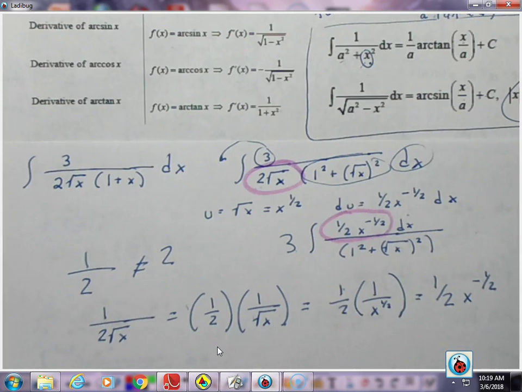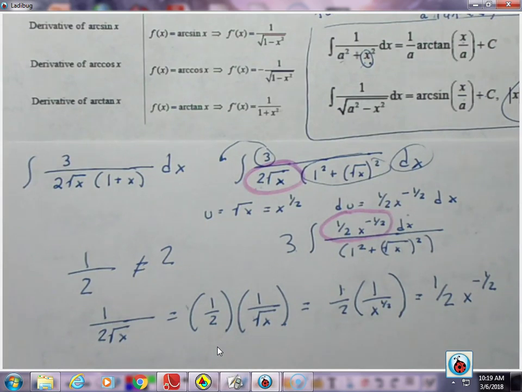Now, if you didn't recognize that, you could do that big long thing we did where, after we solved for u and du, we solved for x and dx. Do you remember that? Remember when our u and du didn't match up with something we had in the problem?